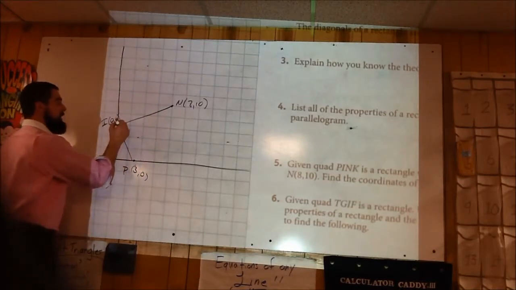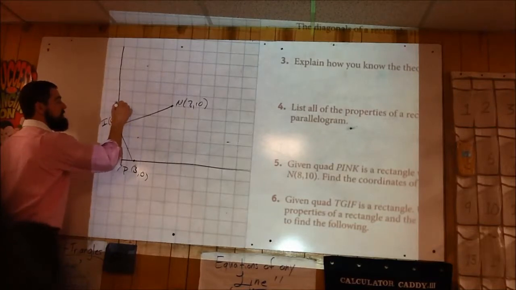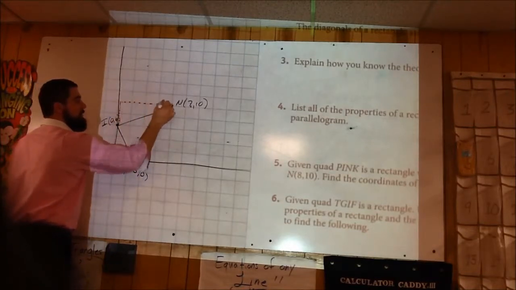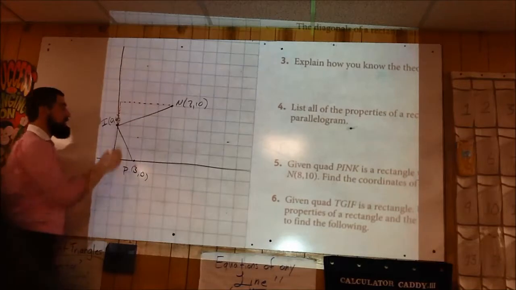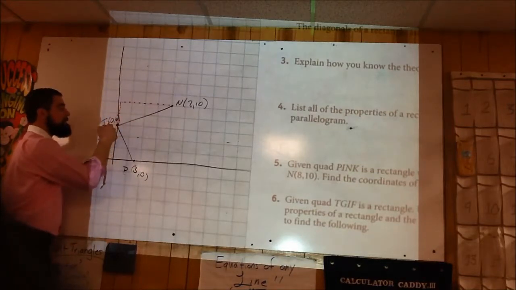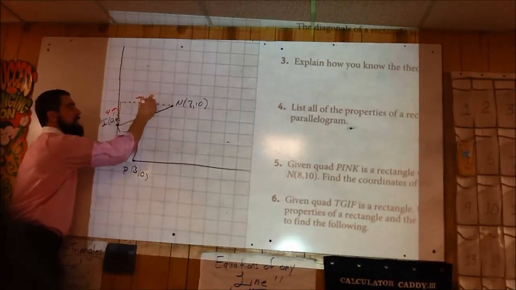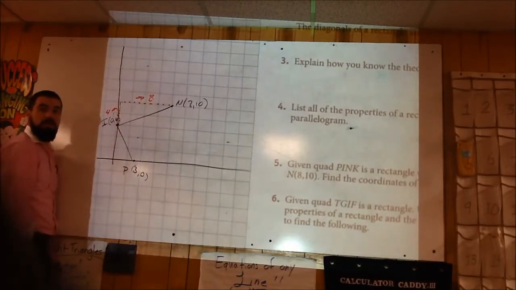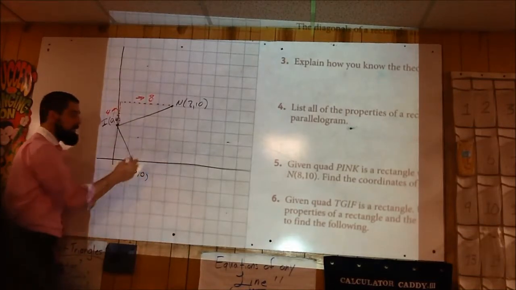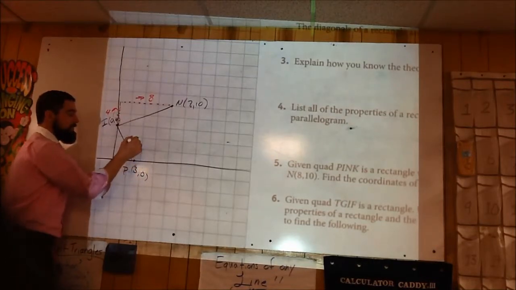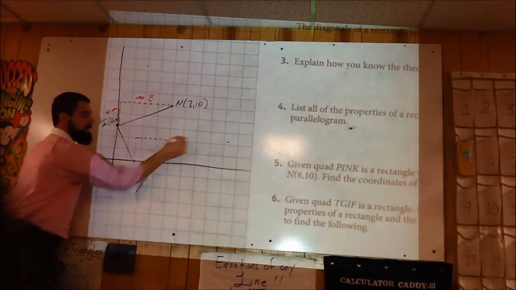So I would make a right triangle, with that being my hypotenuse, and from I to N, this rises up 4 units, and it runs over to the right 8. So I know that this segment has to do the same exact thing, so I'm just going to recreate that right triangle.